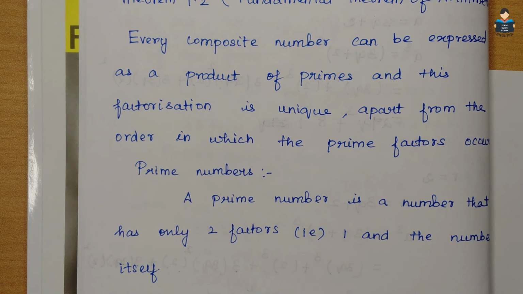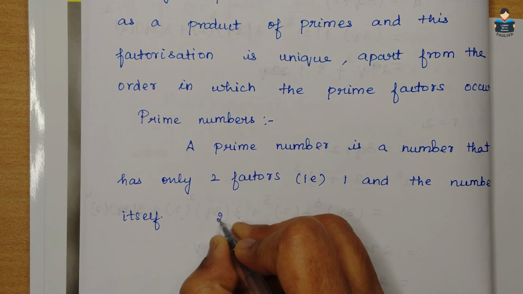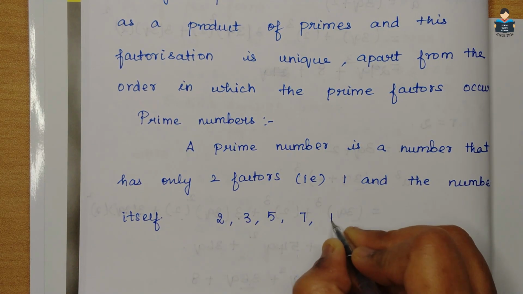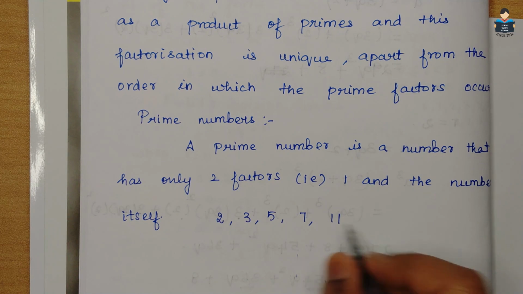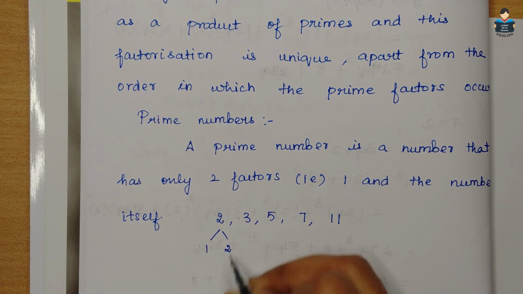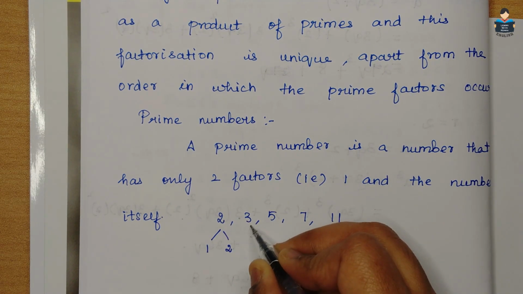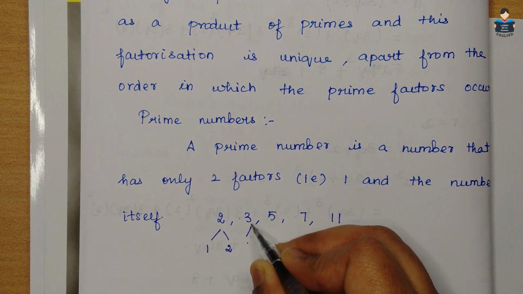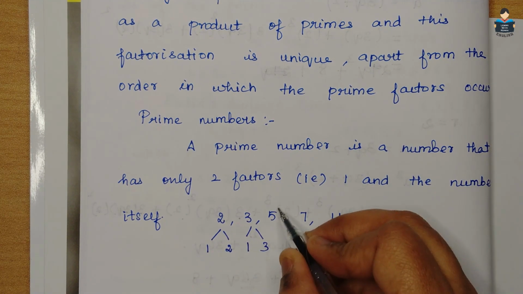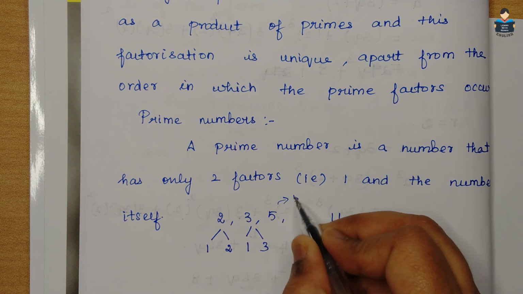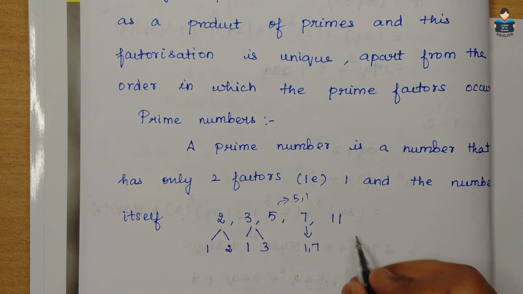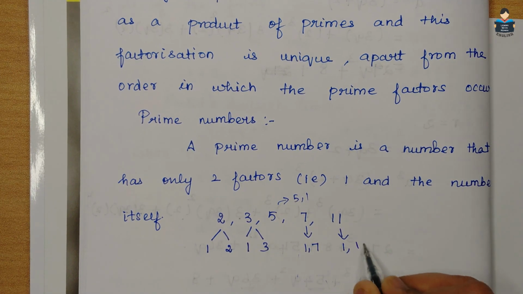So when we take numbers like 2, 3, 5, 7, 11, if you check with these numbers, you will have factors as 1 and the number itself. If we see 3, the factors of 3 are 1 and 3 only, for 5, 5 and 1, for 7, 1 and 7, and for 11, 1 and 11.